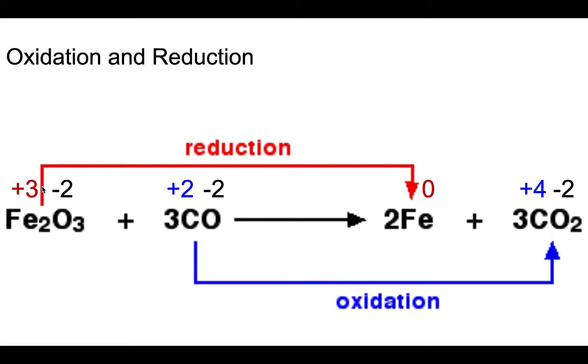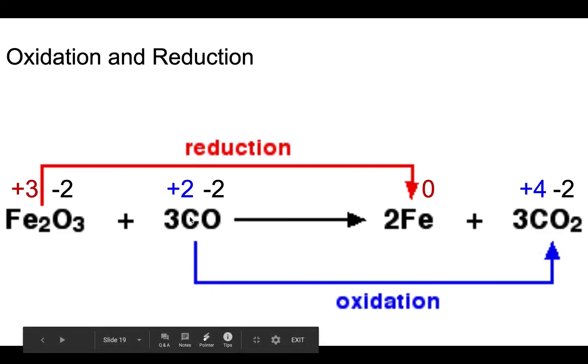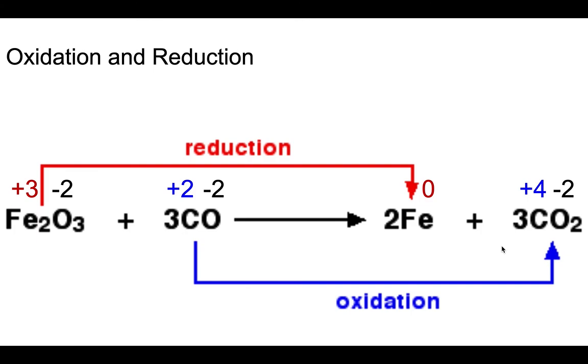It's gaining electrons. Its oxidation number decreases. The carbon is being oxidized. It goes from positive 2 to positive 4. Its oxidation number is increasing, so it is being oxidized. It is losing electrons.